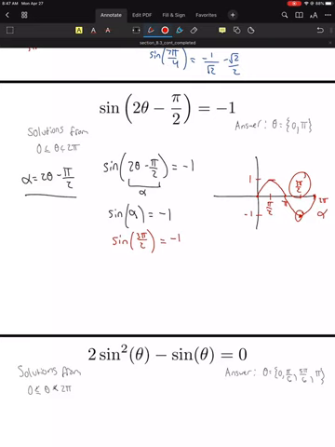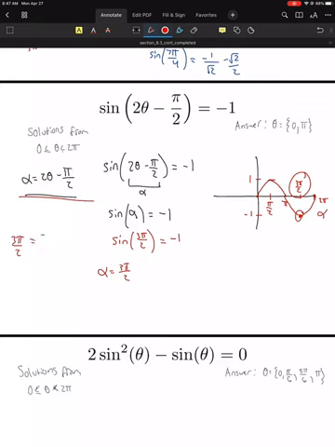Okay, so alpha equals 3 pi over 2. But of course, that's not the answer for theta. I want the solutions from 0 to 2 pi. So I'm going to use this equation up here to solve.